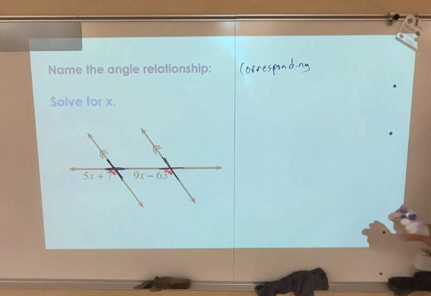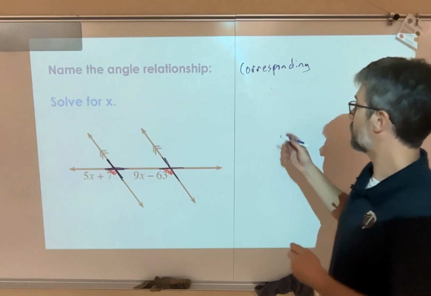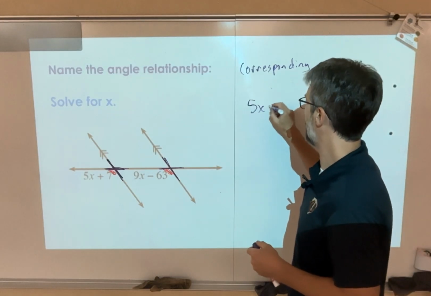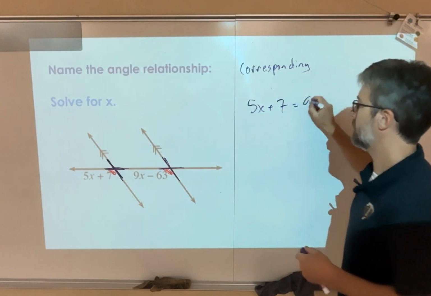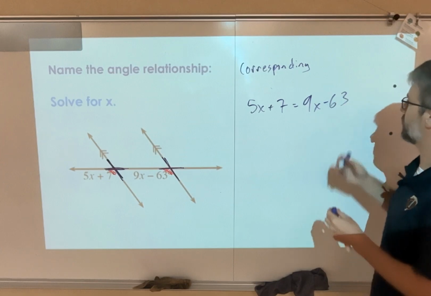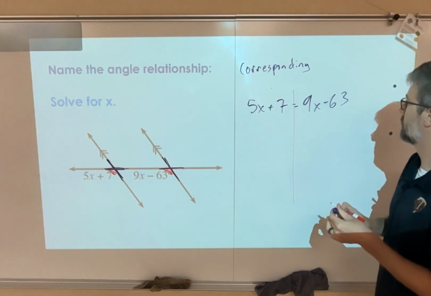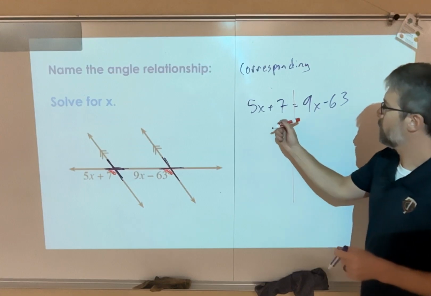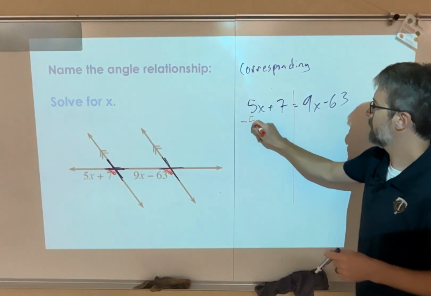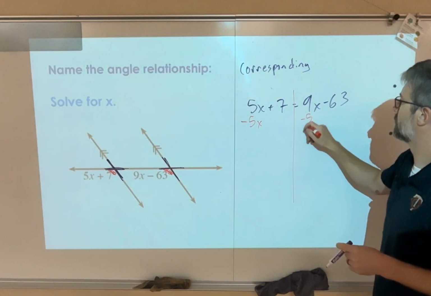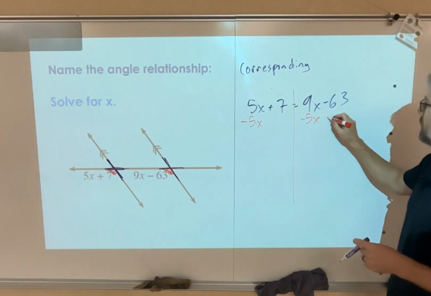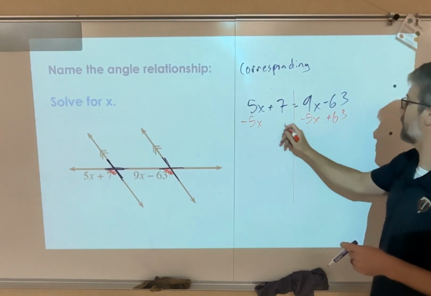So then solving for x, in this case, again, they are equal to one another. So we can do 5x plus 7 equals 9x minus 63 and solve that for x. We're going to move our x's to one side. We're going to move our numbers without x's to the other side.